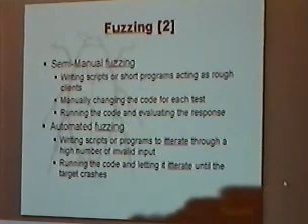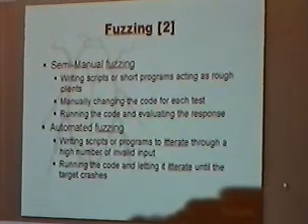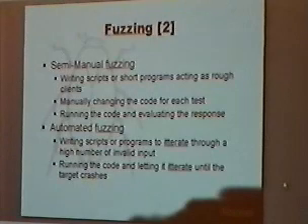I split fuzzing into semi-manual and automated fuzzing. Semi-manual means actually writing a script, for example, that talks HTTP using Ruby or Perl or whatever you like, and then manually changing single items in the data you send and looking for the results.